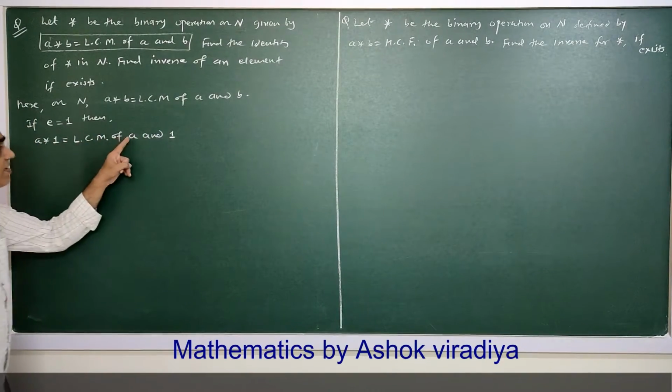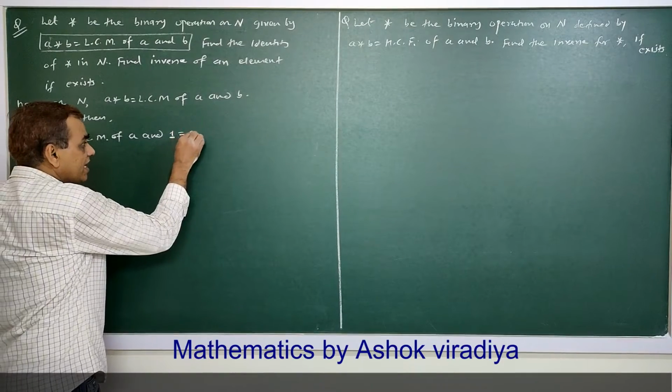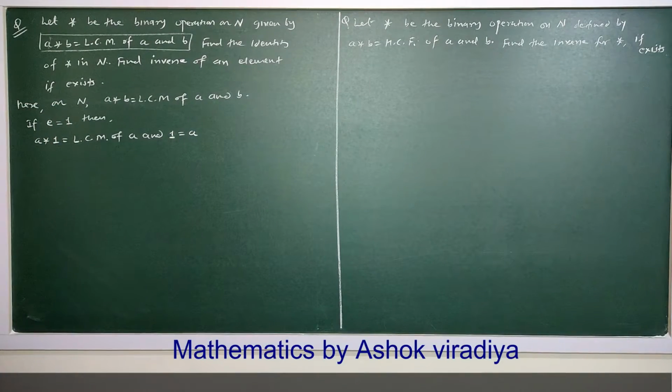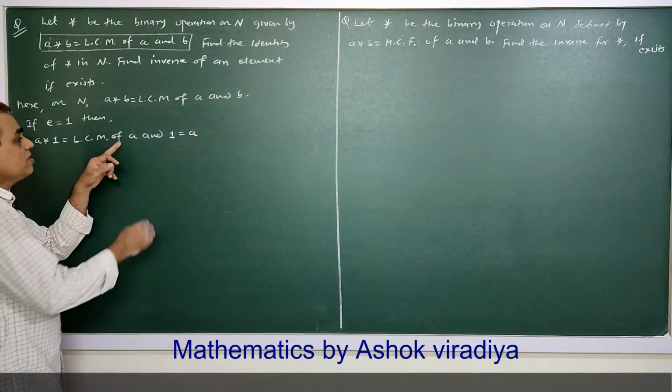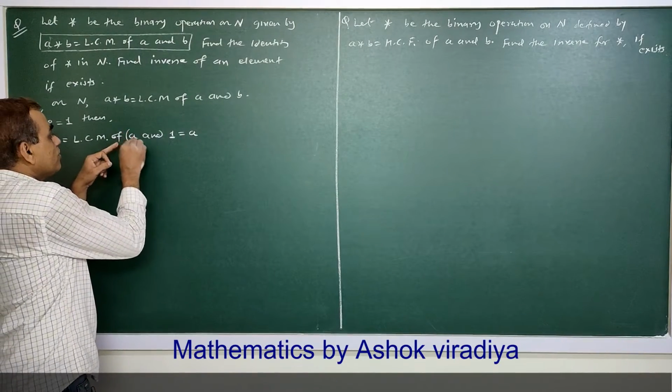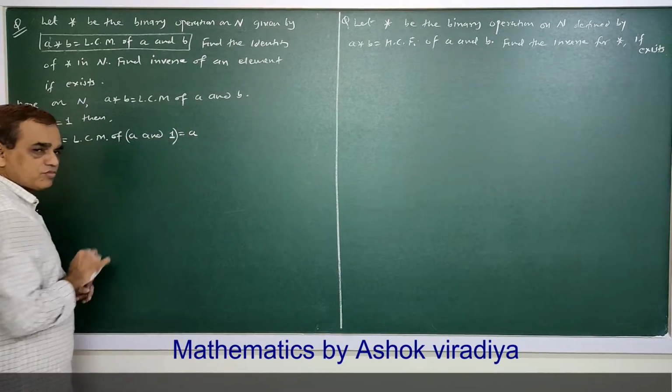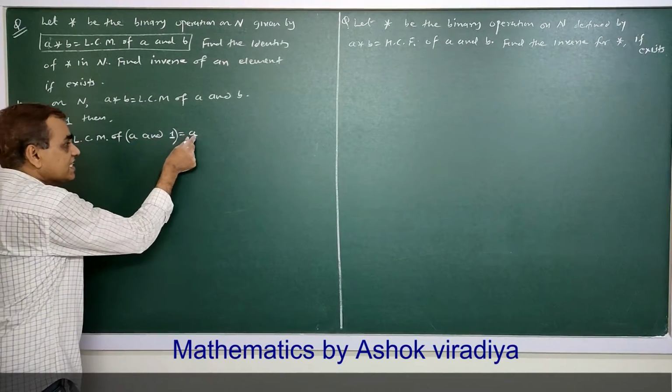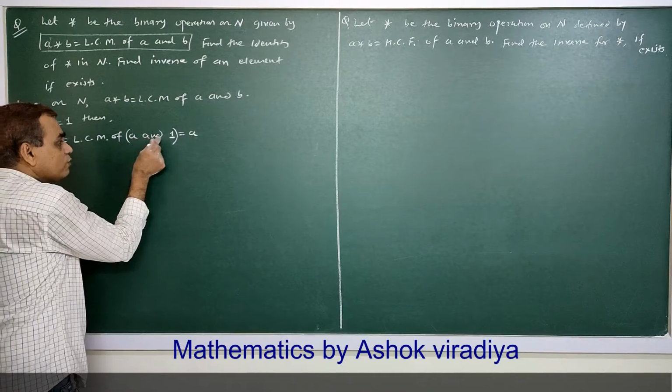Now LCM of A and 1 is A. LCM of 5 and 1 is 5. LCM of 6 and 1 is 6. LCM of 7 and 1 is 7.